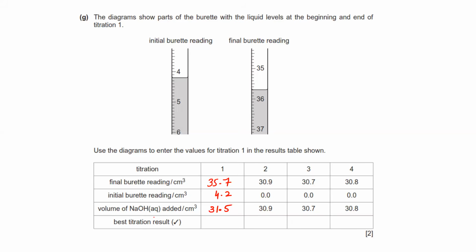Then part H, best titration results. So remember, the best titration results are the ones which are the most close by. If we see that 30.9, 30.7, 30.8 are very close by, the difference is 0.1, whereas 31.5 in titration 1 is an outlier. So these three are the best results we have.